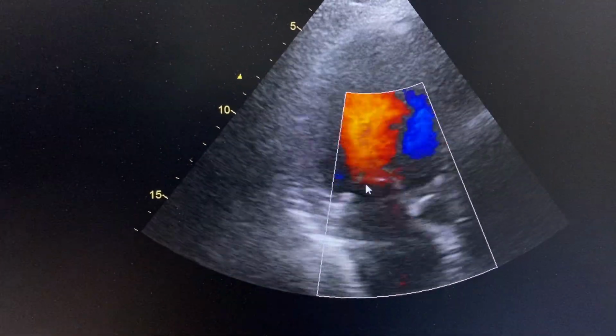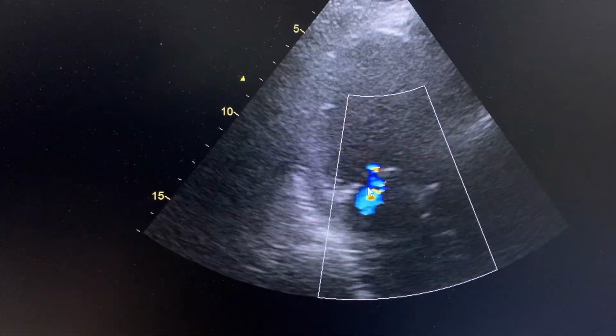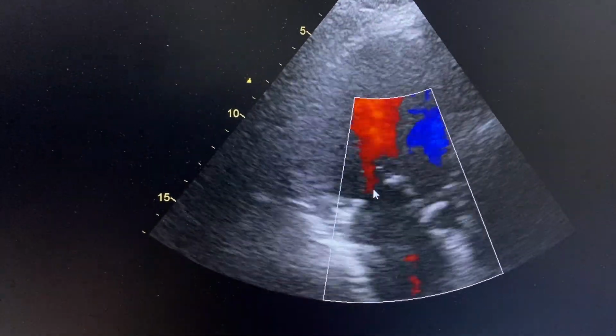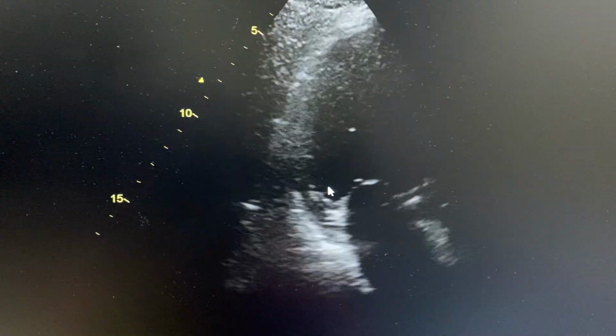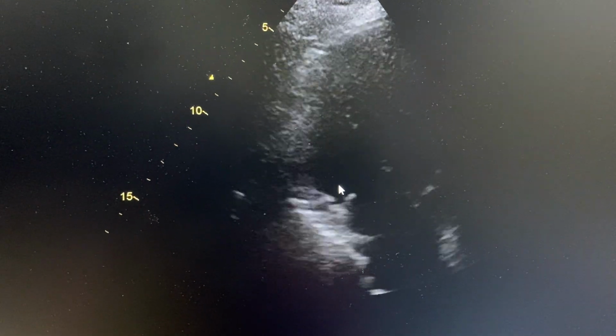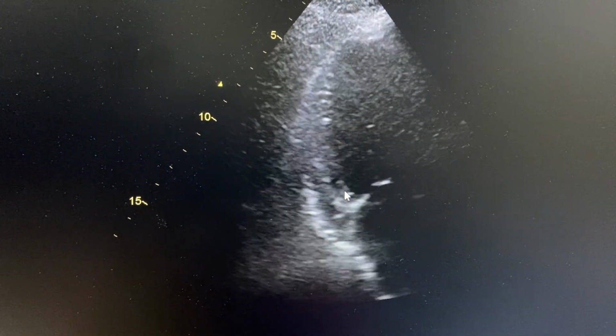And then we have mild to moderate MR with mild calcification of the mitral leaflets. I'm confirming whether there is calcification or not.